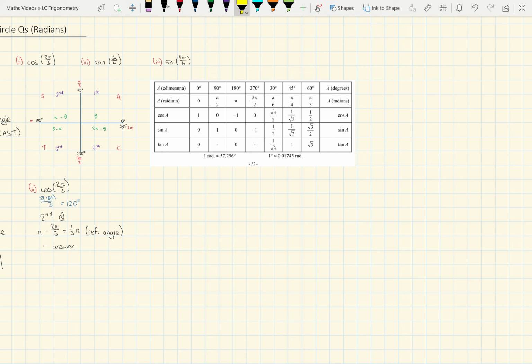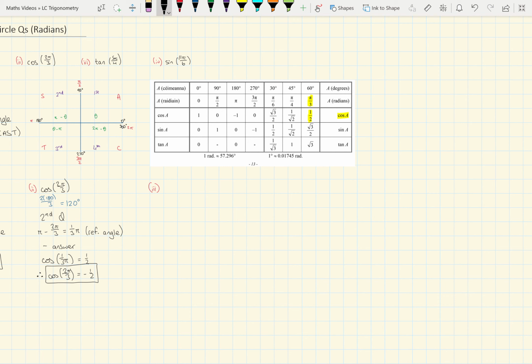We're dealing with pi over 3 and cos, so my answer is a half. So for our reference angle, cos of 1 over 3 pi is equal to a half. Now we return to our original. Cos of 2 pi over 3, and remember it'll be negative, will be equal to minus a half. And that's part 2.